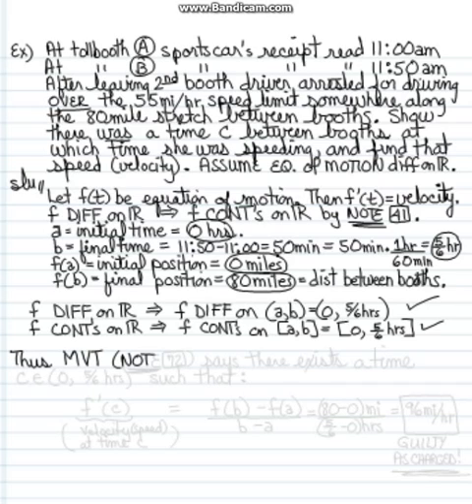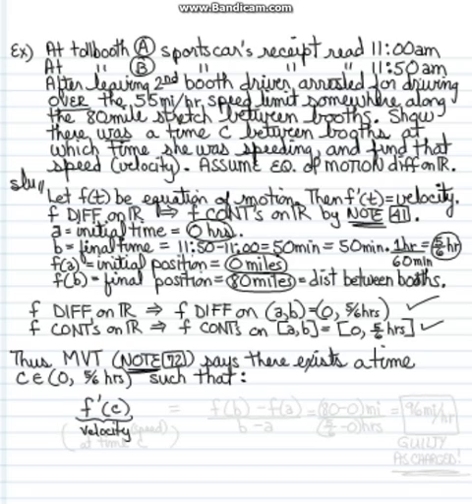Thus, the mean value theorem, in other words, note number 72, is going to assure us that there exists at least one time c, some value between 0 and 5/6 hours into that trip between the toll booths, such that f prime of c, in other words, the velocity, the instantaneous speed at time t equals c, is equal to the difference quotient, f of b minus f of a over b minus a, which is 80 minus 0, in miles, over 5/6 minus 0, in hours.